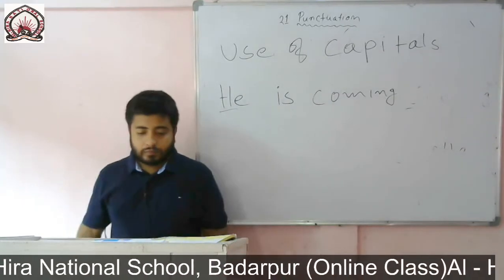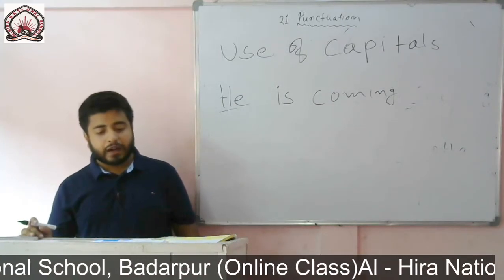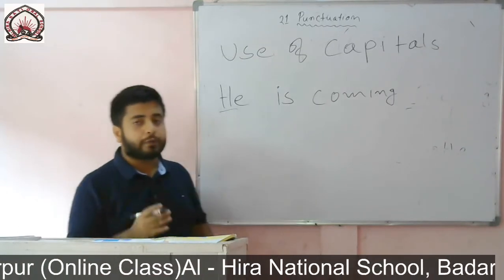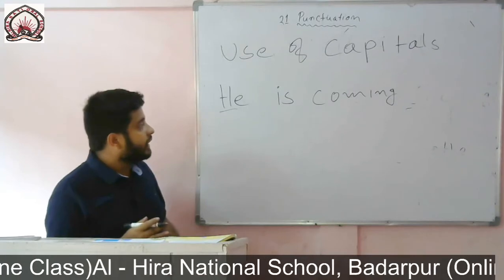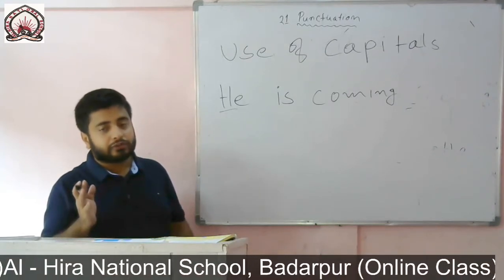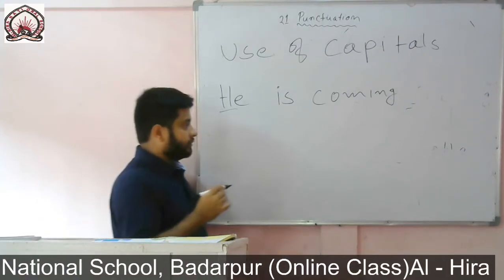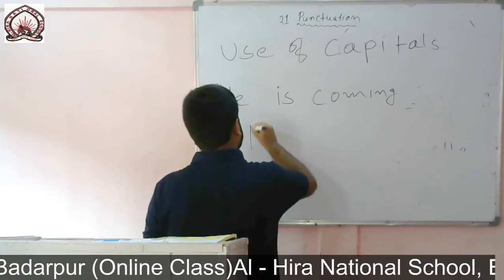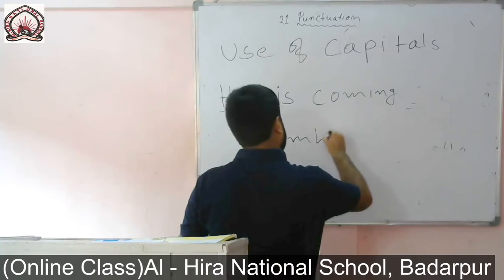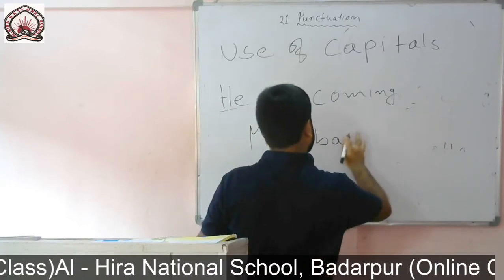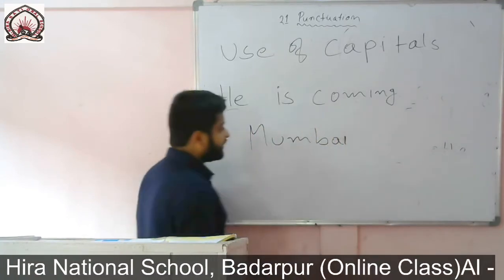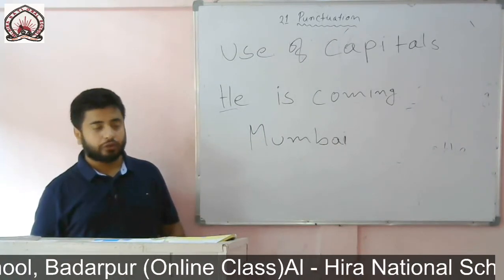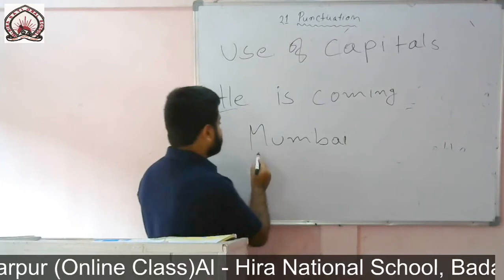The second is for all proper nouns, even if they are in the middle of the sentence. For example, Mumbai. M-U-M-B-A-I, Mumbai. Mumbai is one of the biggest cities of India.